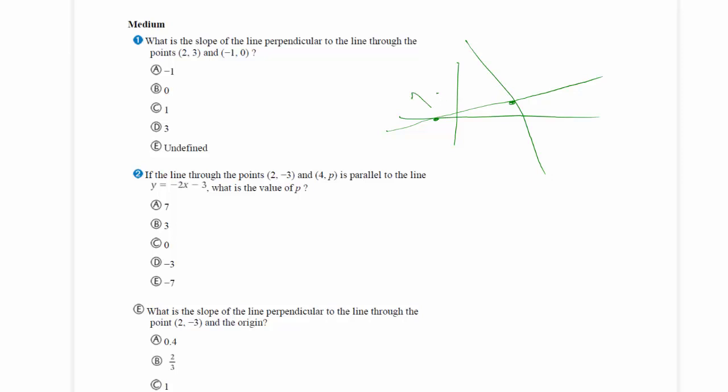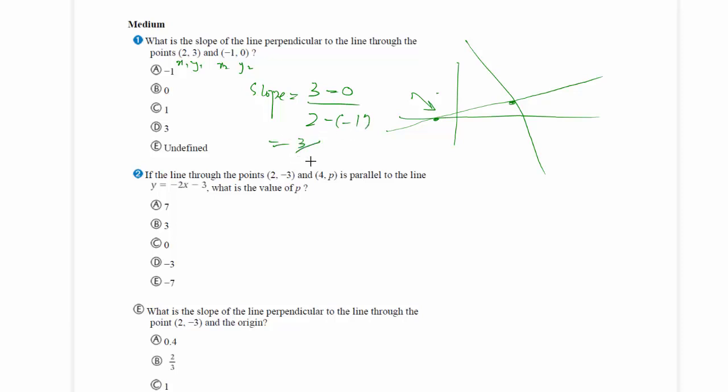So first we'll calculate the slope of this line, in which we know the 2 points. Then we will use the negative reciprocal to calculate the slope of the line perpendicular to it. You can write x1, y1, x2, y2. So slope will be equal to y1 minus y2, that's 3 minus 0, divided by x1 minus x2, that's 2 minus negative 1.